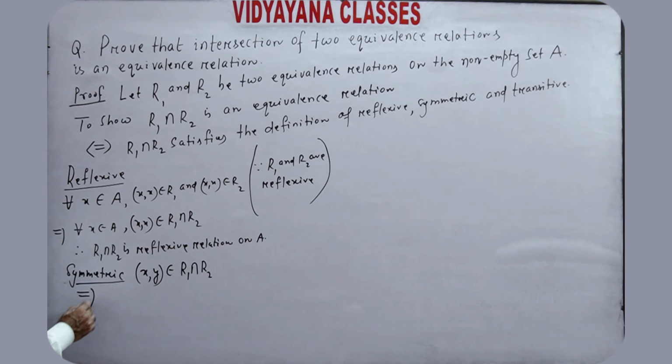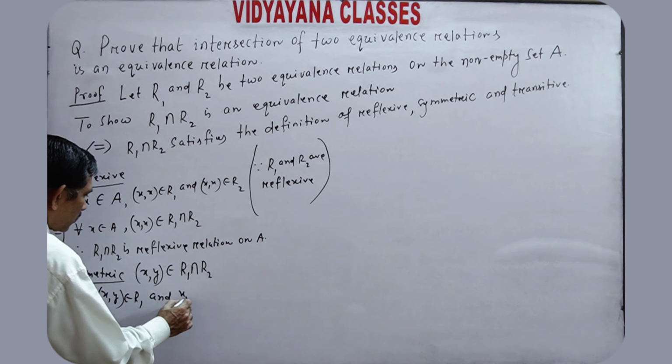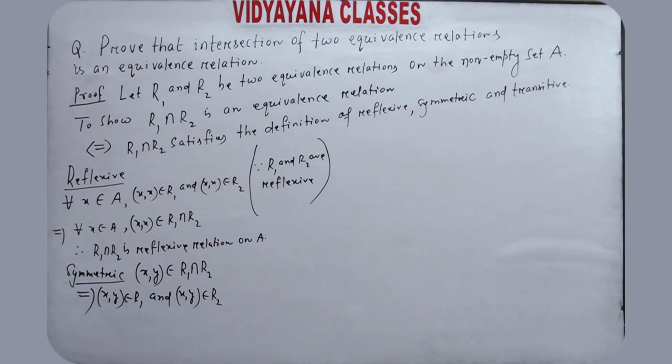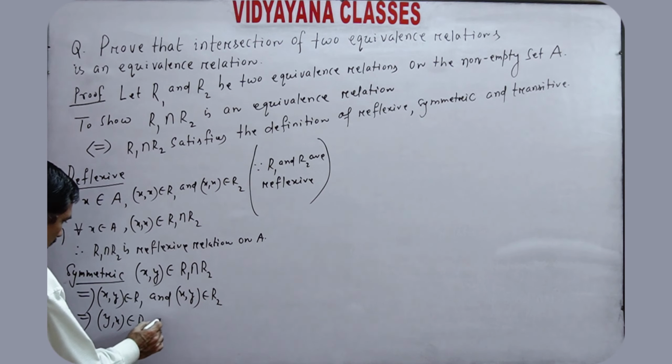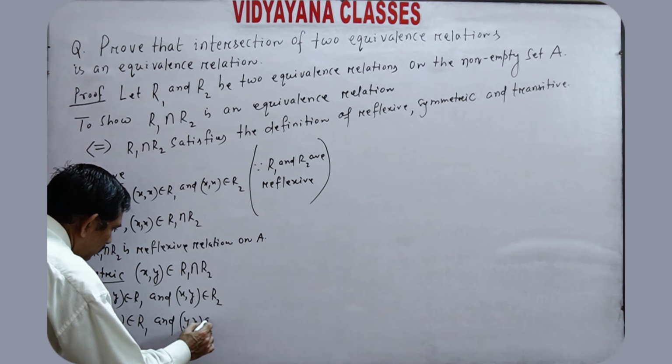By the definition of intersection, (x,y) belongs to R1 and (x,y) belongs to R2. Clear? Which implies (y,x) belongs to R1 and (y,x) belongs to R2.